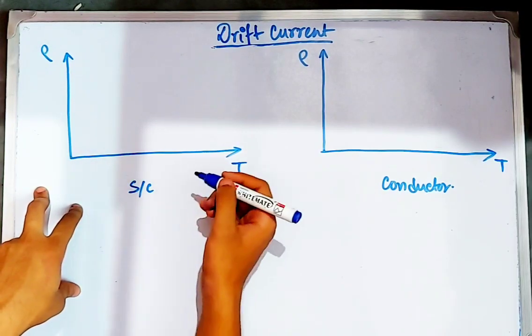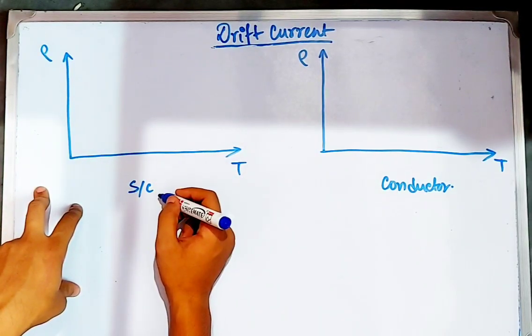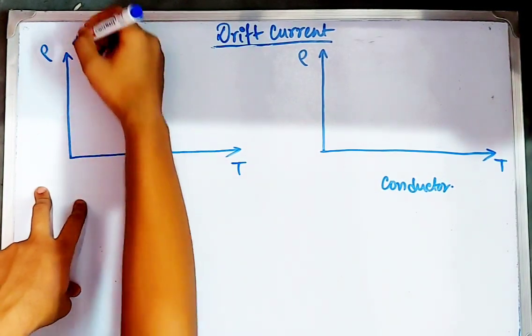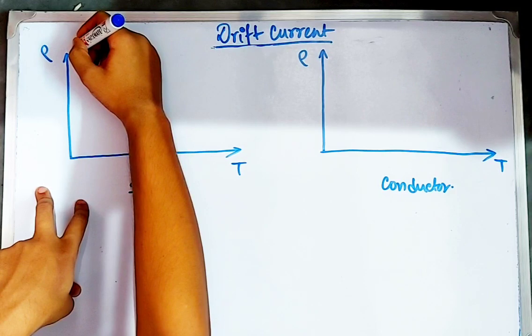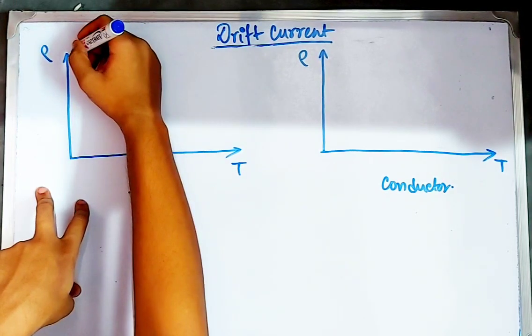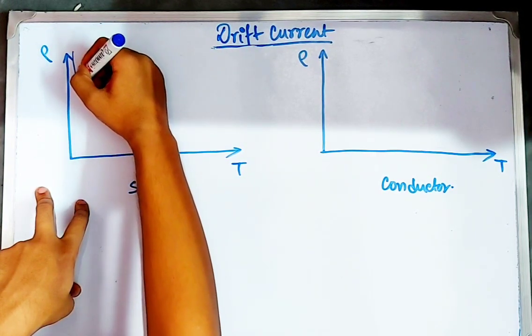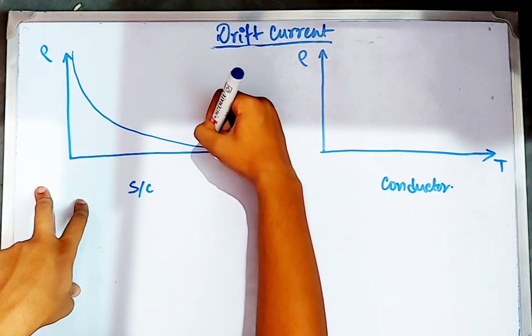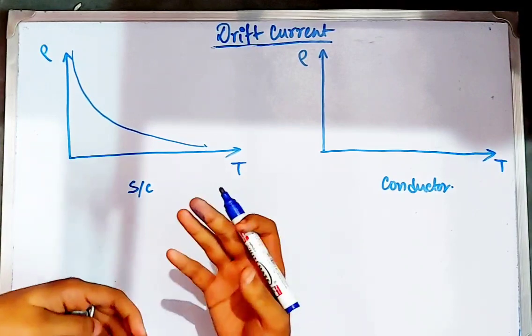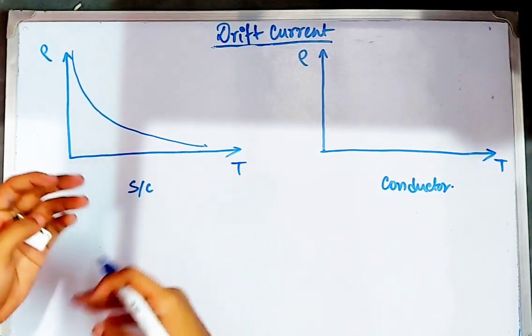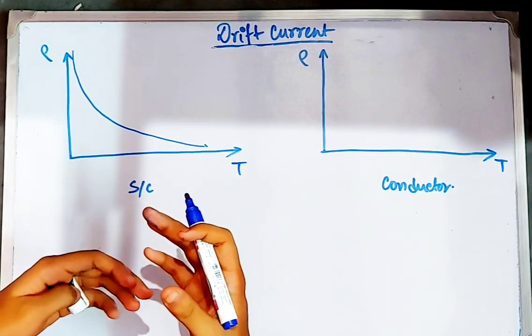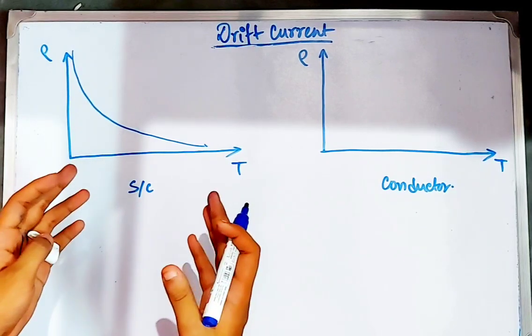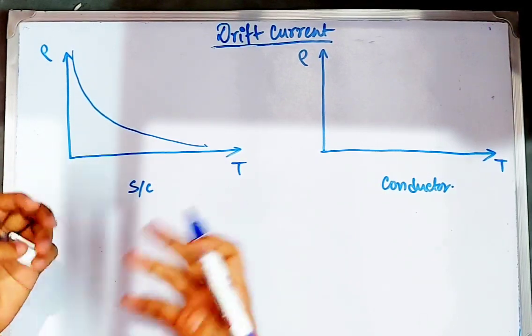If I deal with a semiconductor, then we can see that when the temperature rises, the resistivity decreases. That means if I increase the temperature, the resistivity of the semiconductor gets decreased.